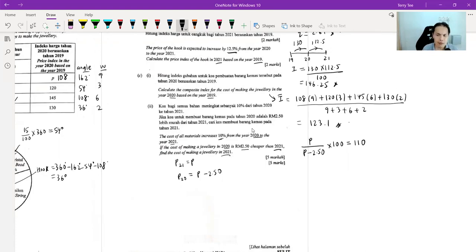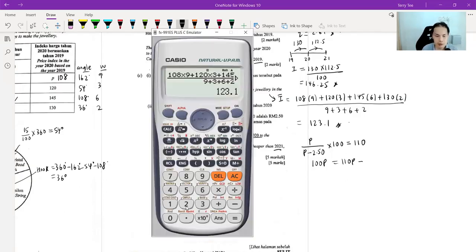So let's just simplify this. In fact, if you don't like a fraction, if you don't like a number like 100, you can just divide 110 by 100 and change it to 1.1 if you want. Okay, I'm just going to write 100 here. This is 110P minus, take 250 times 110, I get 275.